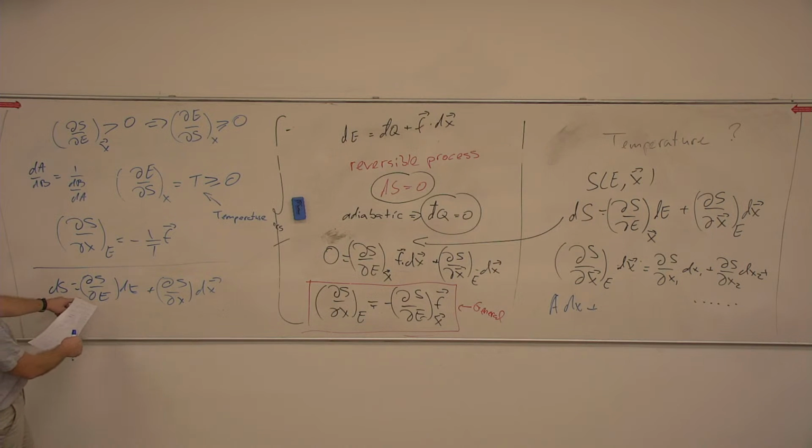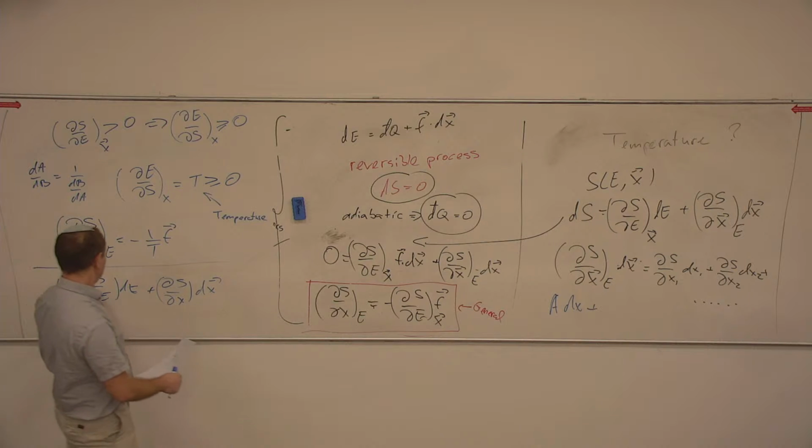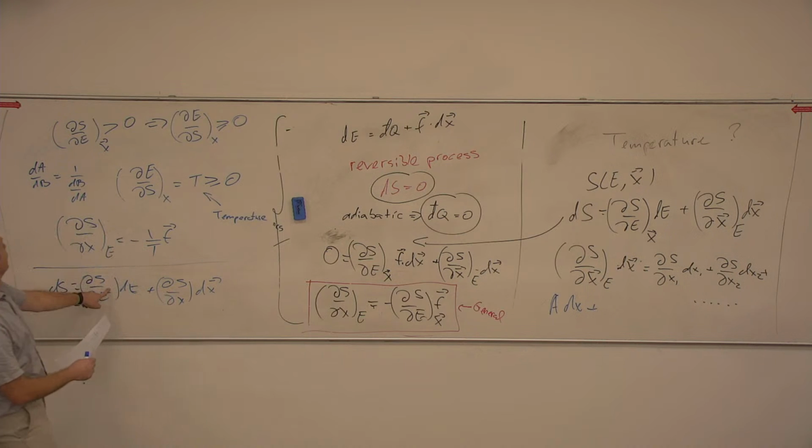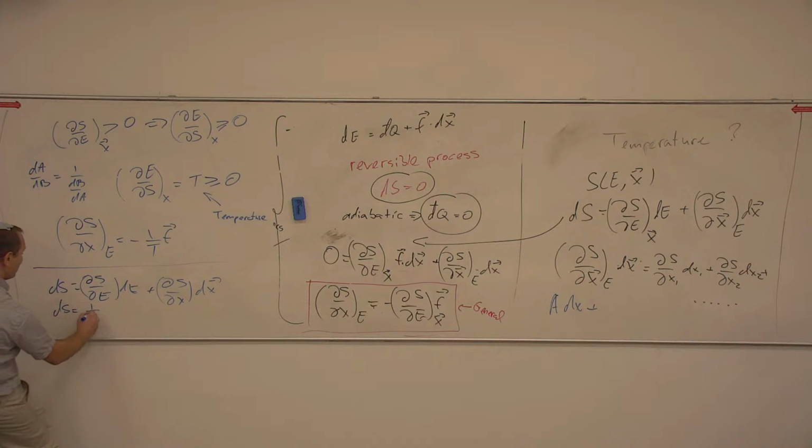Instead of these, we can plug in: ds over dE is 1 over T. So ds equals 1 over T dE plus, what is ds over dx?